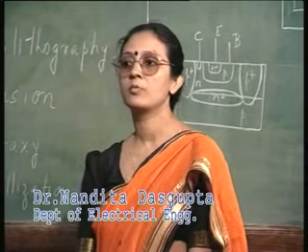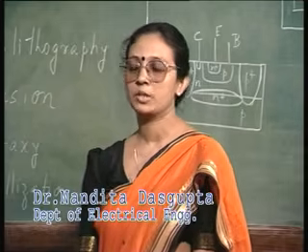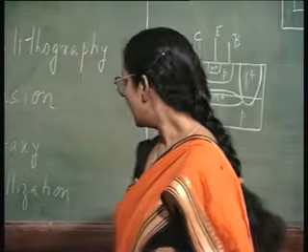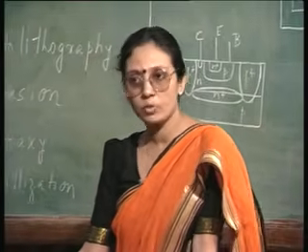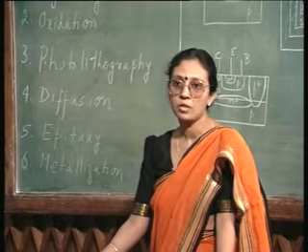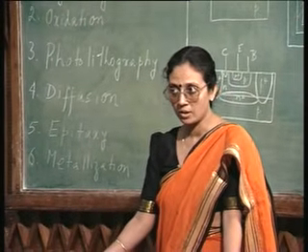Just one more word before we close the lecture for today. Doping can be done either, as I have already said, by diffusion, or there is a more sophisticated technique called ion implantation.